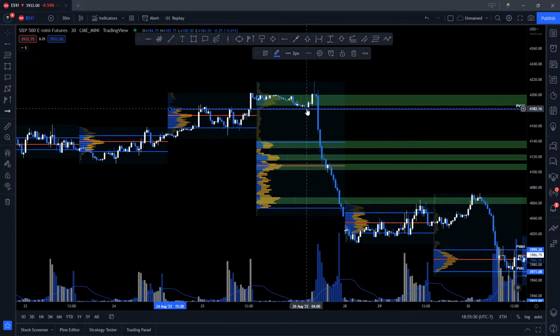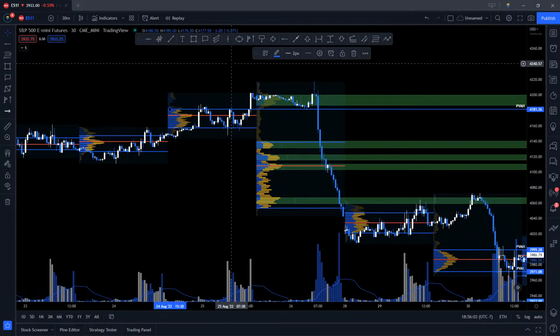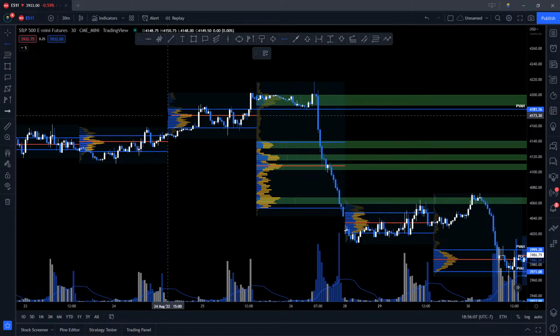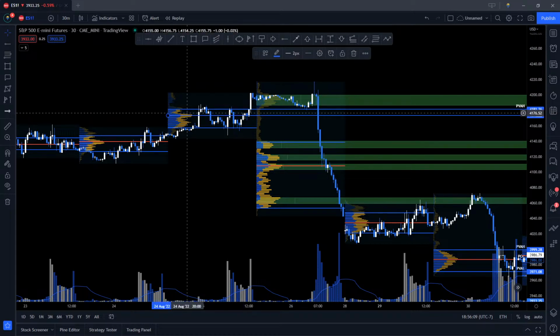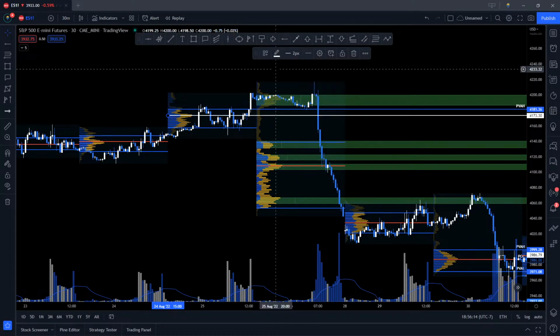Once we broke it, you could possibly say there's a little fake out here. But once we broke through this, we just flushed, right? Again, the POC is going to be your first target. So technically, this negates that fake out.